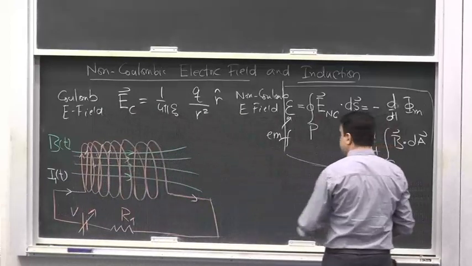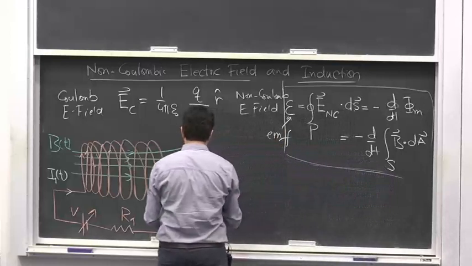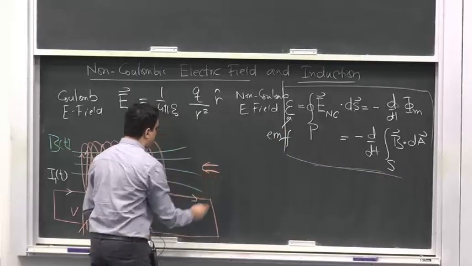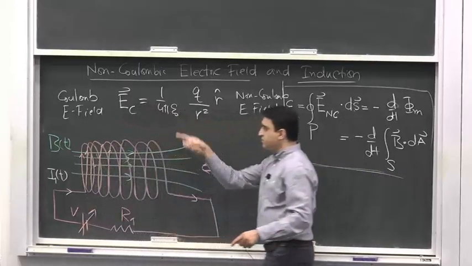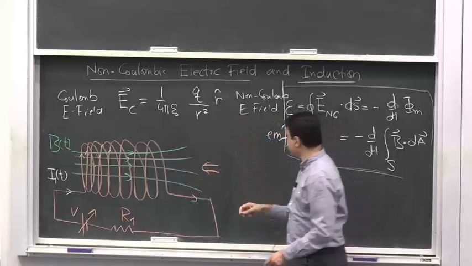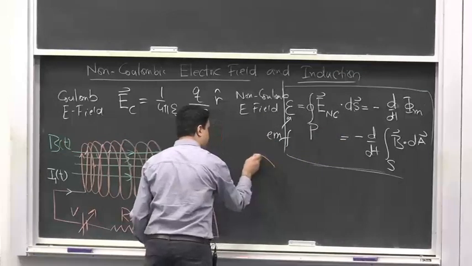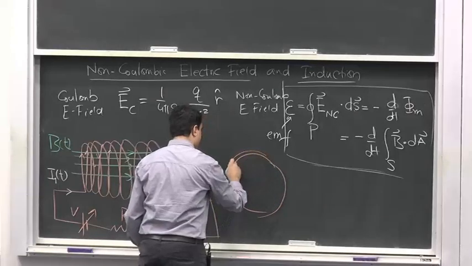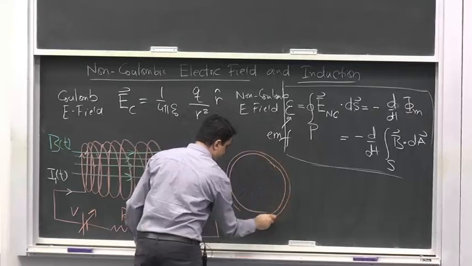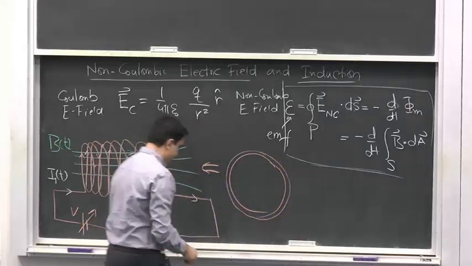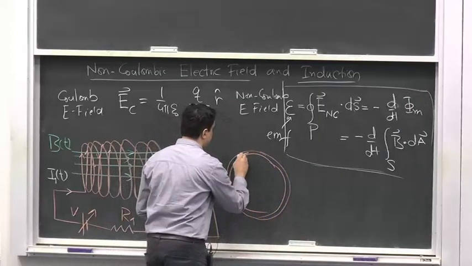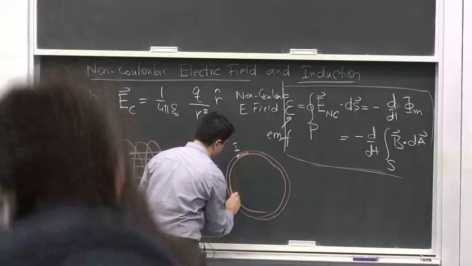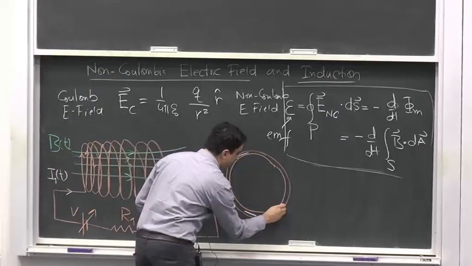So if I look at this structure from this side, what I see is a current which is moving in that direction. So if I draw the cross-sectional view, what I see is a current which is running around in this direction.